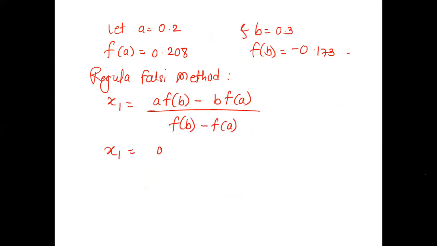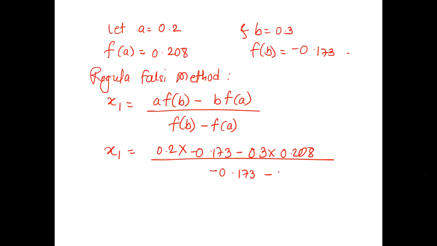So x1 is (0.2 times minus 0.173 minus 0.3 times 0.208) upon (minus 0.173 minus 0.208), which is 0.254593. Write up to 6 digits because we have to match up to 4 decimals. If they ask for 6 decimals, you should write up to 8 so that it will match up to 6.